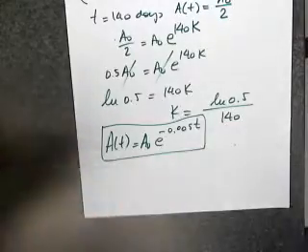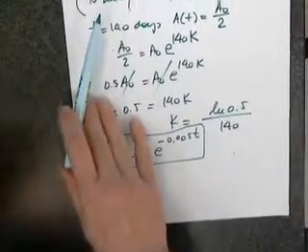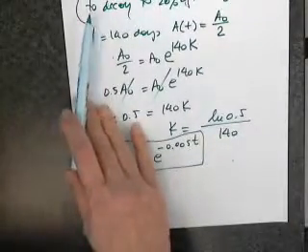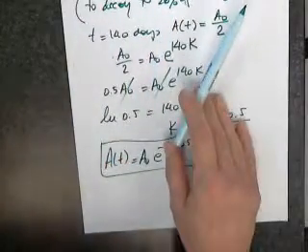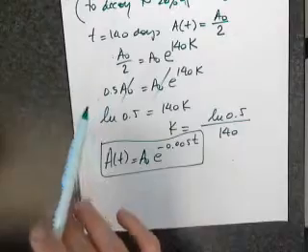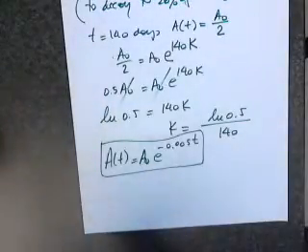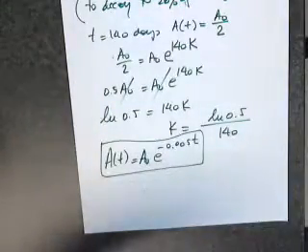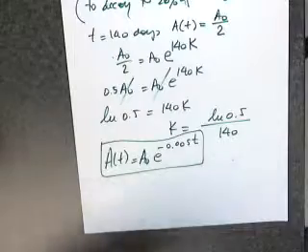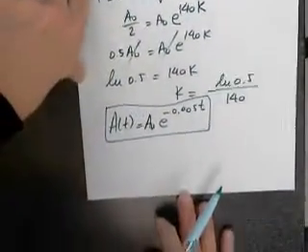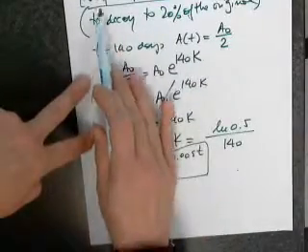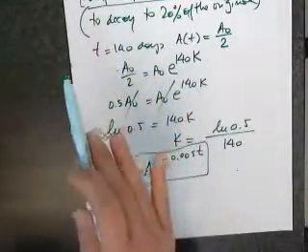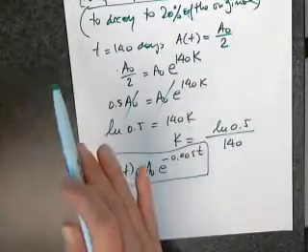The question is, find t so that the initial, which is A0, becomes 20% of A0. So I start with A0, I have 100% of A0, it drops to 20% of A0, and I want to find the time. How do I do that? Half-life is from 100% A0 to 50% A0.